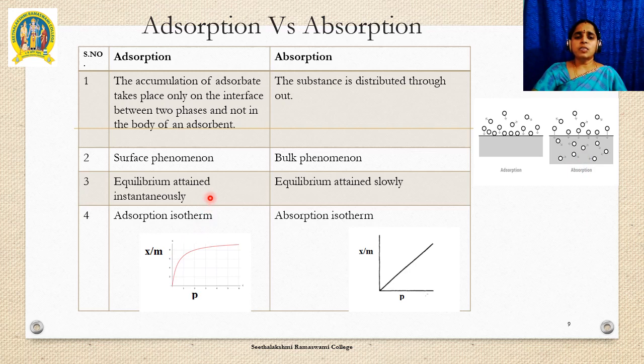In the case of adsorption, equilibrium is attained instantaneously, whereas in the case of absorption, equilibrium will be attained very slowly. The adsorption isotherm takes this shape when we plot the pressure versus adsorption, whereas the absorption isotherm will give a straight line and crosses through the origin.